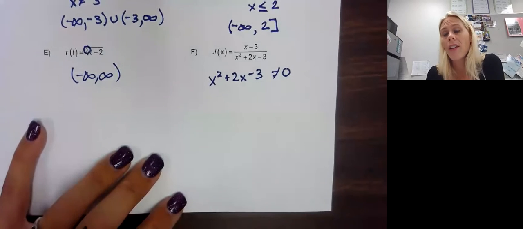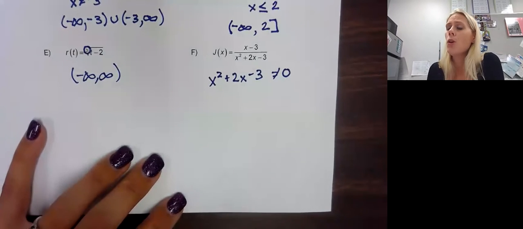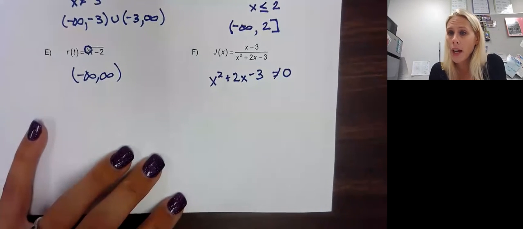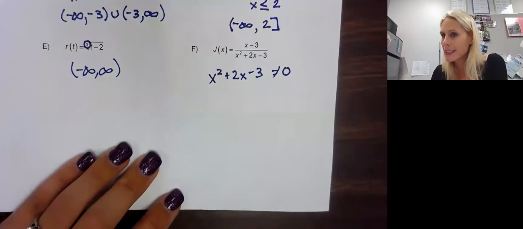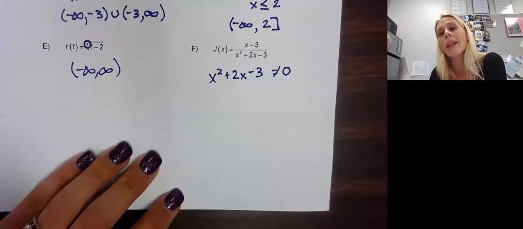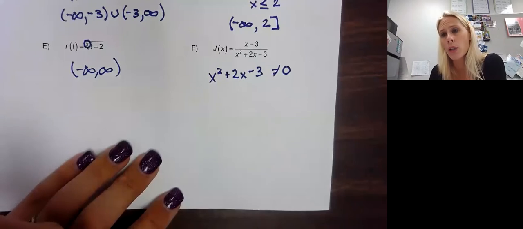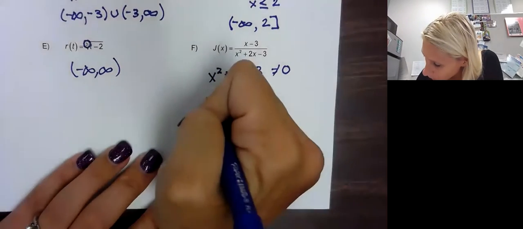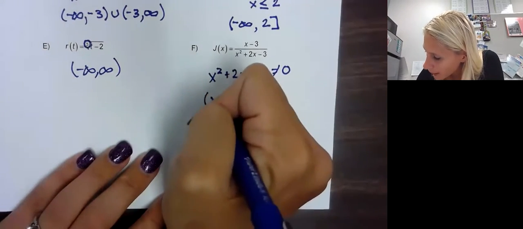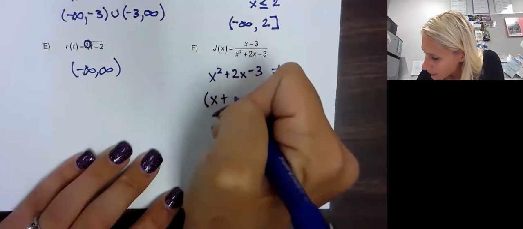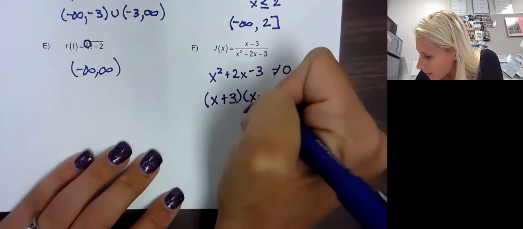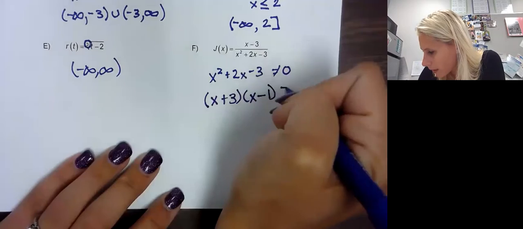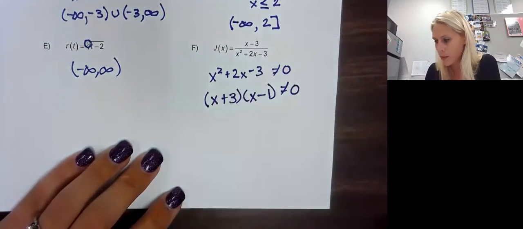I'm going to actually factor this pretty quick. If you know that you're still having factoring issues, we need to talk and really build that skill. But I want to do that separately and one-on-one during class. So this would give me x plus 3 times x minus 1 cannot equal 0.